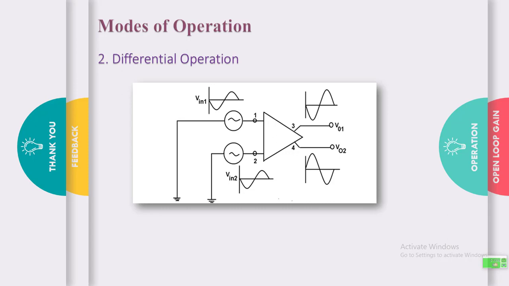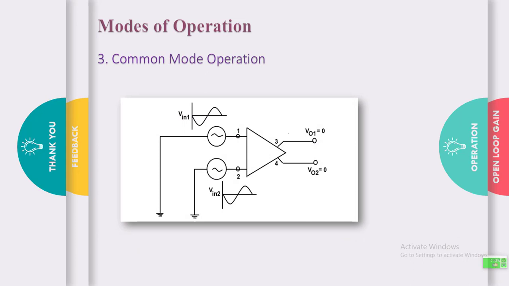Now, if you collect your output from the inverting terminal, then as per the rules, you will get a 180-degree phase shift of the two terminals' voltage difference. But if we collect the output from the non-inverting terminal, then you will get the same output as earlier, but in phase, or 0-degree phase.